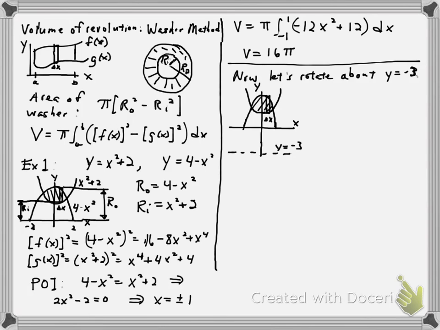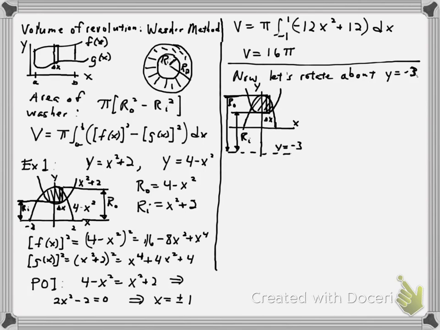Okay, so to determine the inner radius and outer radius in this case, let's see, if we look at what the inner radius is, this is the inner radius. You can think about what that is, and the outer radius is this distance here. So now, what's changed?